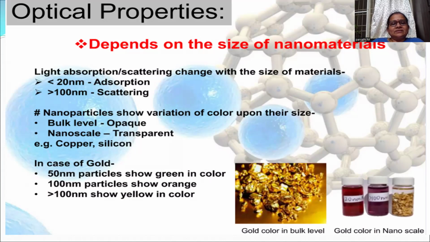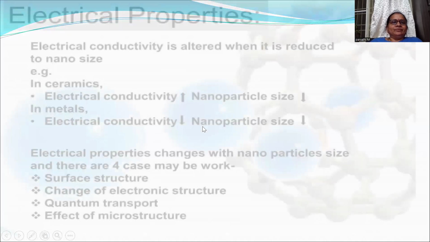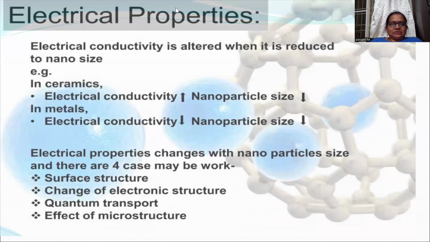If the particle size is increased to 100 nanometer, it looks orange. And if it is greater than 100 nanometer, which is generally what we see with our eyes, the color is yellow. So color or application varies with respect to the size of the nanomaterial.